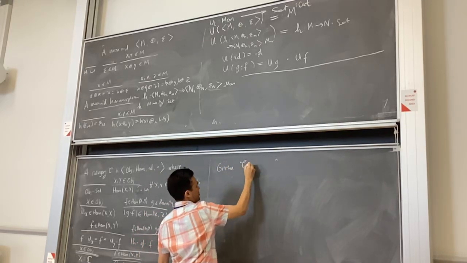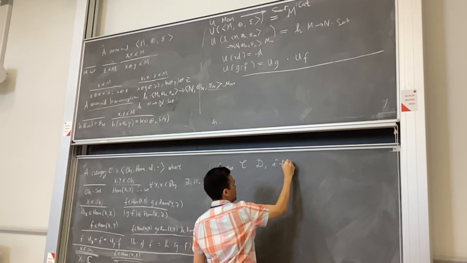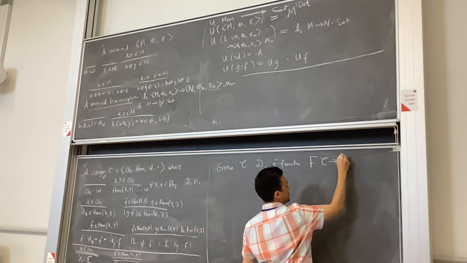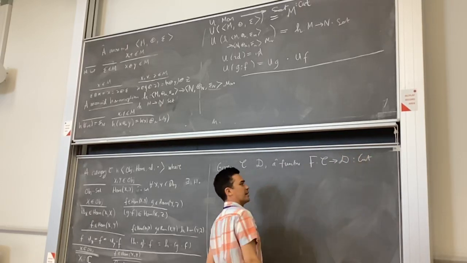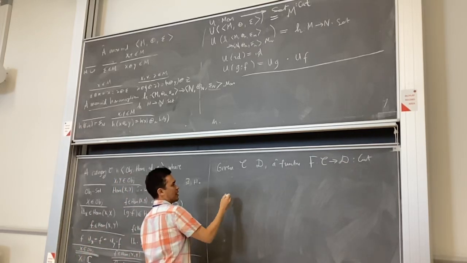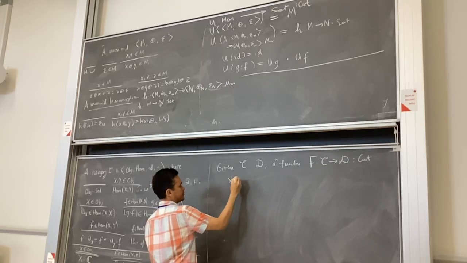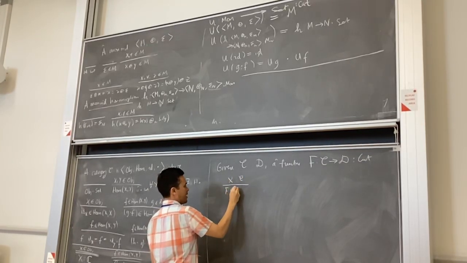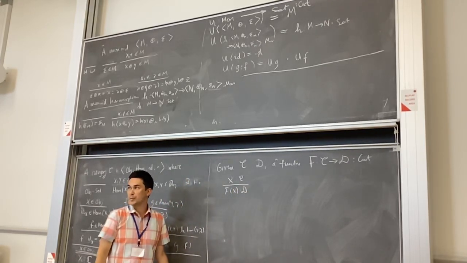Okay. Yeah, so given some category C, some category D, a functor F between C and D in, let's say, Cat, just to distinguish the arrow, is something where we go, okay, if you give me some object x in C, then F of x better be in D. That says that we have an object-to-object mapping.